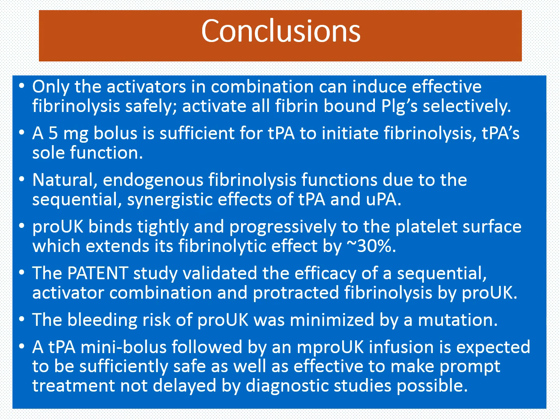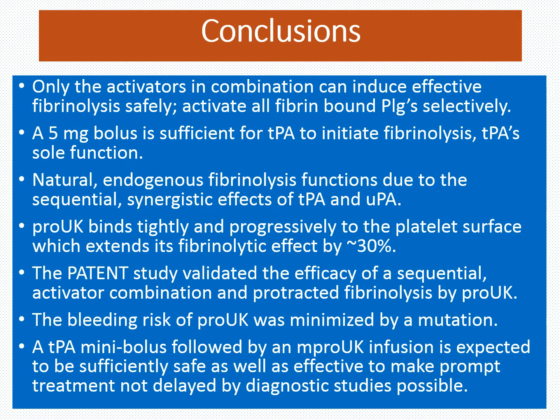Conclusions. Only an activator combination, rather than monotherapy, can provide optimally effective fibrinolysis safely. A 5 milligram bolus is sufficient for TPA to complete its fibrin-specific fibrinolytic function. The bleeding risk of Pro-UK is minimized by the mutation.